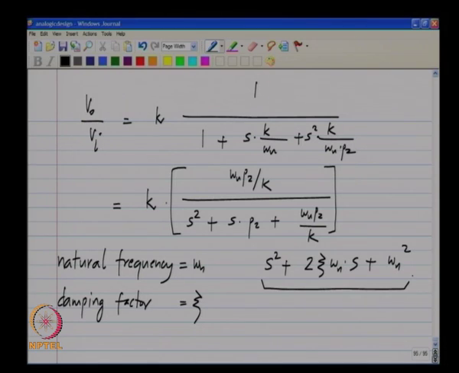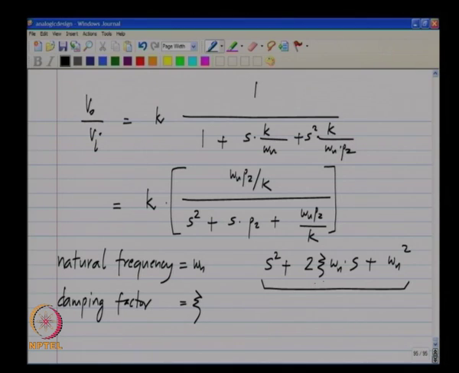Okay. If the denominator is of this form, this is omega n square and the coefficient of s is 2 zeta omega n, the coefficient of s square is 1. Now, by matching the terms between the denominator that we have and the denominator here, we can find out the value of omega n and the damping factor zeta.